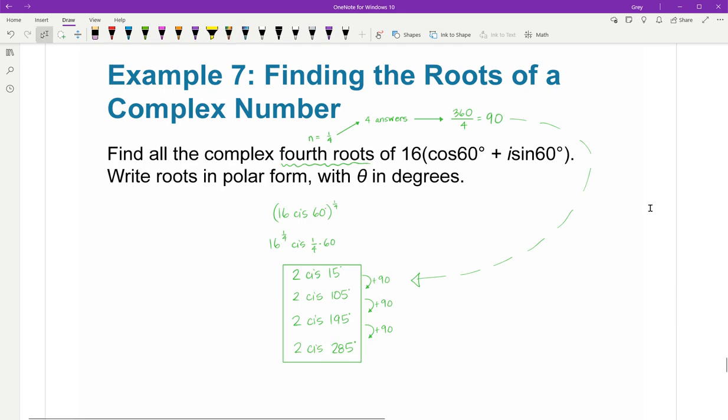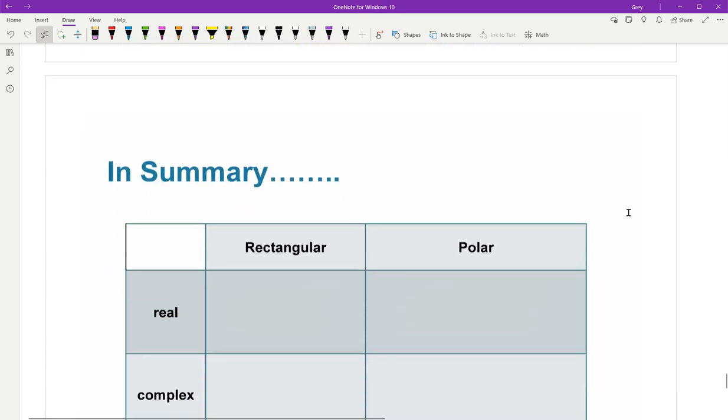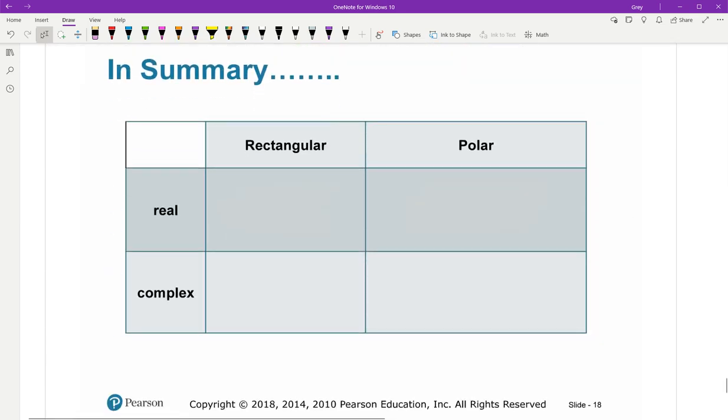Okay? The last thing I want to leave you with, y'all, is a summary to kind of help you keep things straight, because this can be confusing for people. So what we talked about previously, this little chart, you might write it down just to keep things straight. When you're talking about real numbers, rectangular form is x and y. Polar form of real numbers is r and theta.